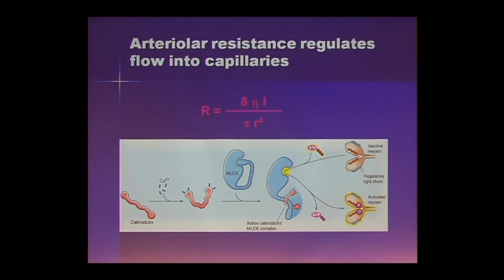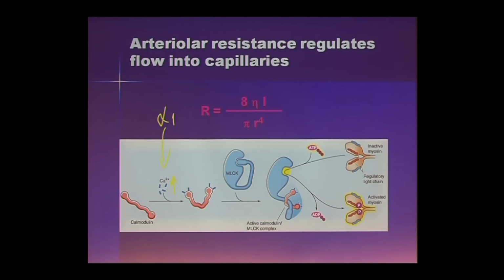The players are slightly different. You also have these myosin heads that bind to actin, and there's this ratchet head motion. However, the whole system is slightly different because it has this thing called myosin light chain kinase. So calcium comes in, and the alpha-1 adrenergic receptor increases intracellular calcium to cause constriction.